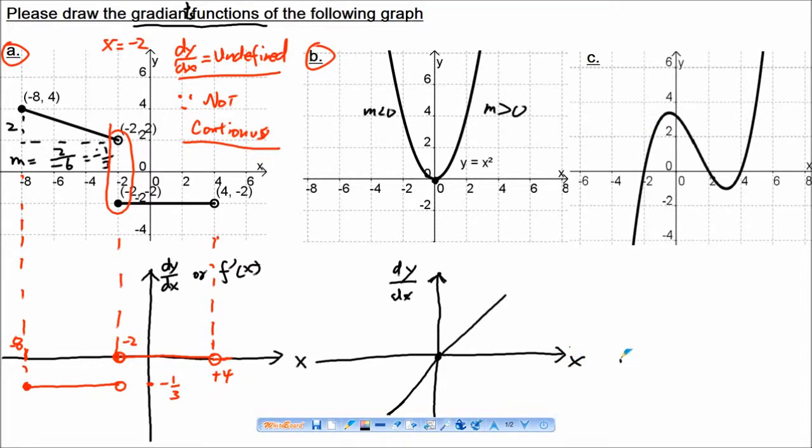In question C, I have a cubic function. The differentiation, the gradient graph of a cubic function, is a parabola, and you have to sketch it without knowing the mathematical equation of the function.